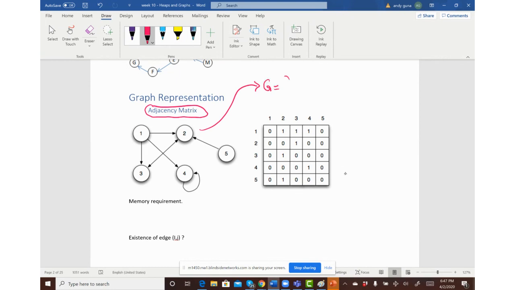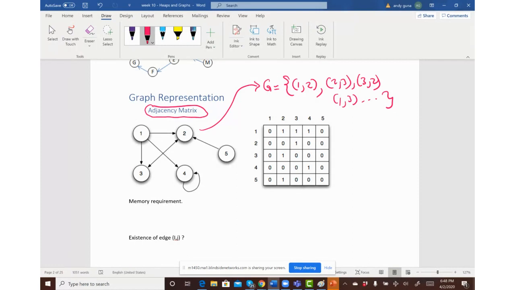You can represent this graph as pairs. It says there's an edge from 1 to 2, and also there's an edge from 2 to 3, and 3 to 2, and so on. So you can read the graph into a computer.